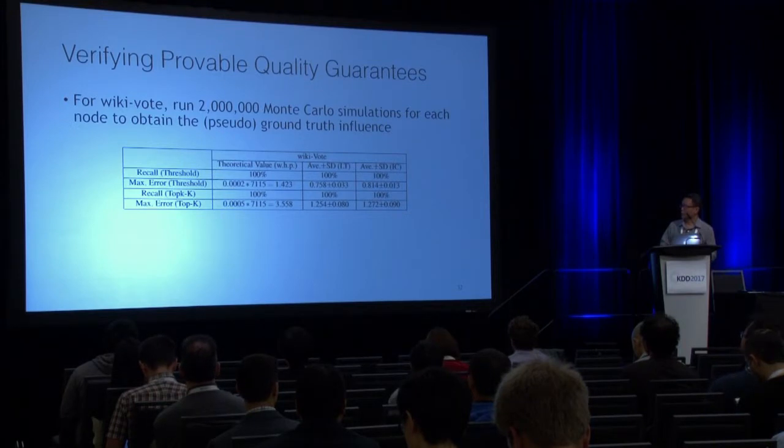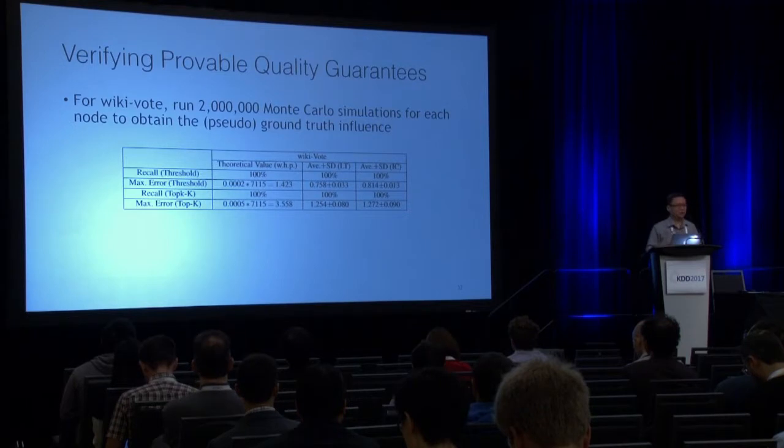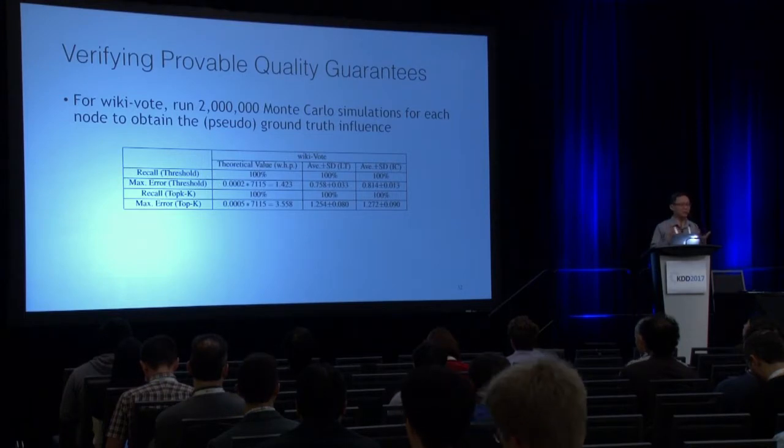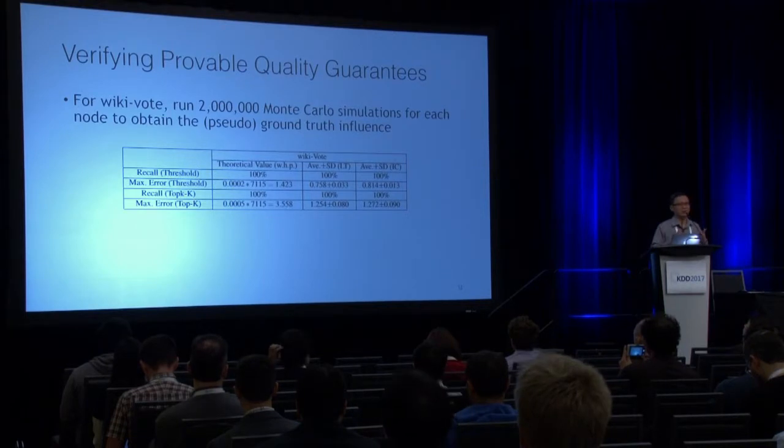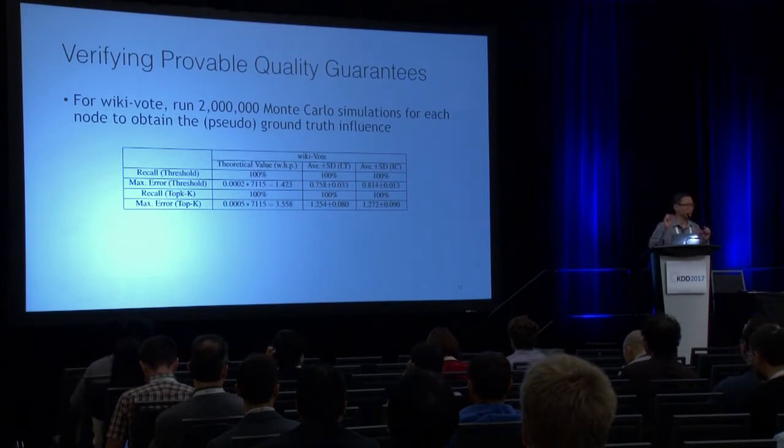quality guarantee indeed holds. One tricky thing here is that we do not really have the absolute ground truth. The reason is that in order to estimate the influence, you have to do simulation. The simulation converges mathematically, but in practice it never really converges, right? You're always within a small range.